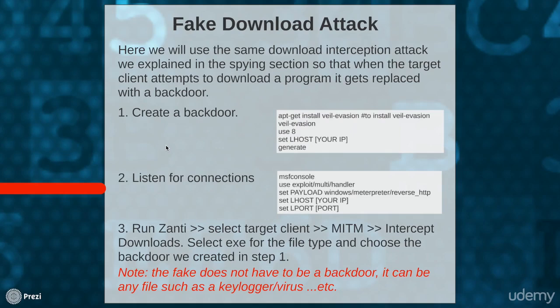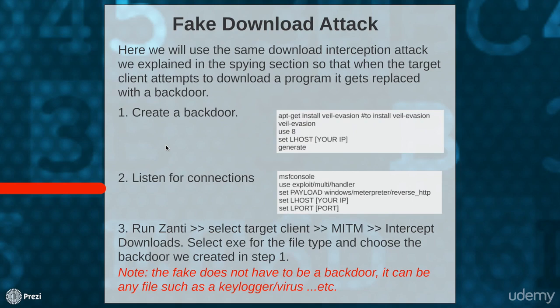So now that we know how to create a backdoor and how we can listen for connections incoming from that backdoor, today we're gonna combine a number of things that we learned before in order to launch a powerful attack. We're gonna do a fake download attack.